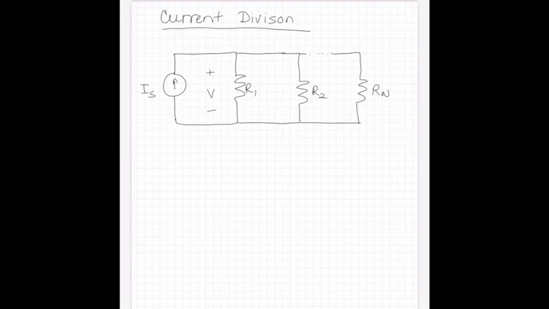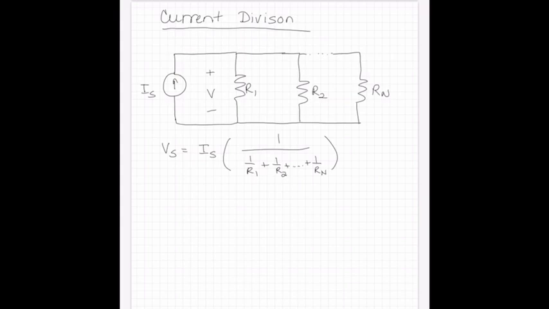We solved for the total voltage V, where V was equal to IS times 1 over R1 plus 1 over R2 out to 1 over R sub n. So just like we derived that behavior before, how we defined resistors in parallel.